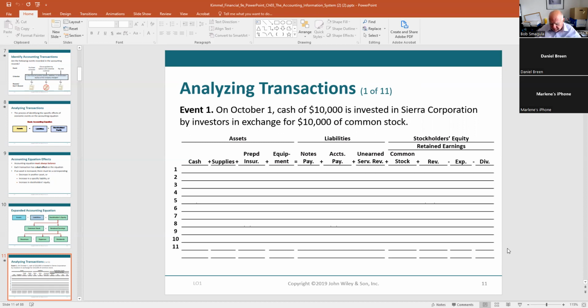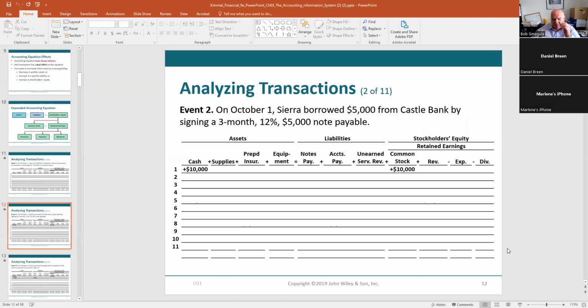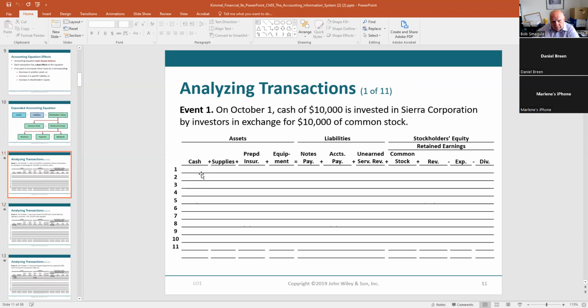I guess they sold the stock at par value, okay? So look what's happened here. Cash went up because we issued that amount to the public, 10,000. Cash went up and common stock went up, and our equation is still in balance.